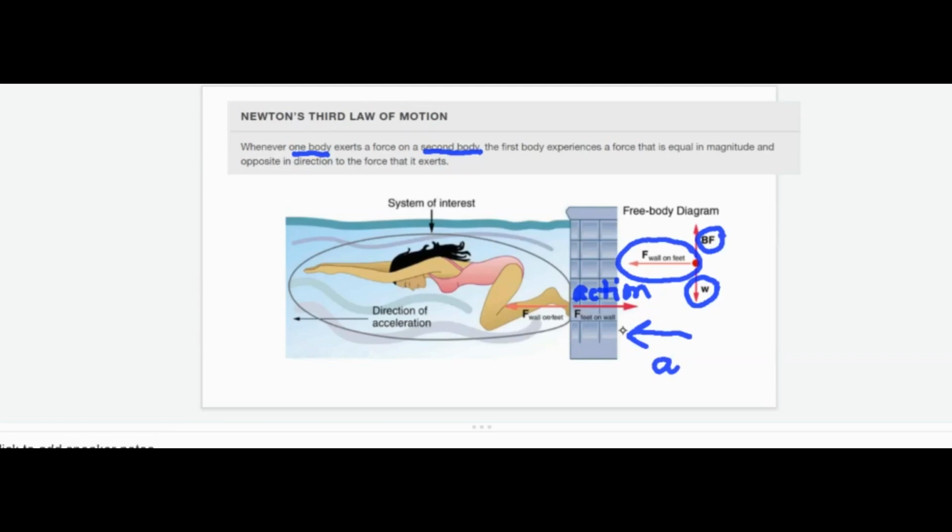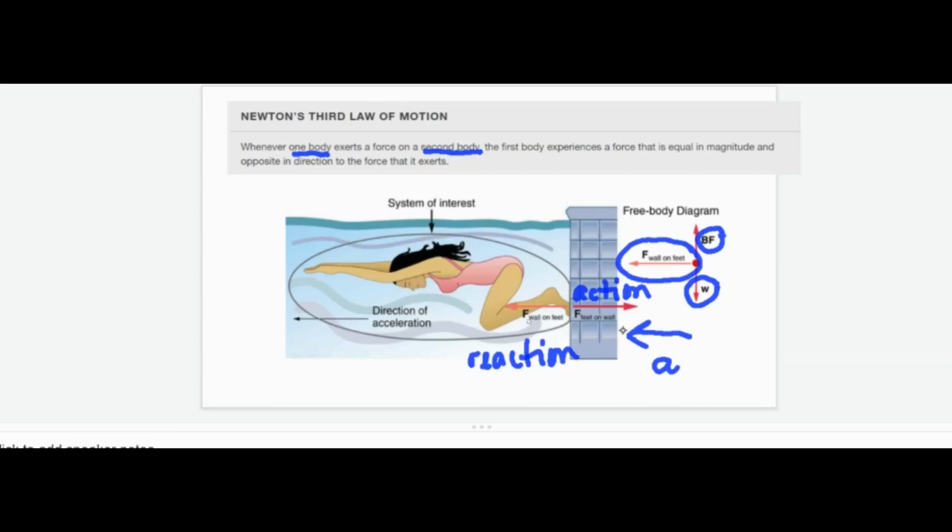Now, where is the reaction force? The reaction force is the force exerted by the feet on the wall. So these are action and reaction pairs. You're probably wondering why these two forces are not canceling each other, and if they cancel, why would the swimmer go forward? They are definitely not canceling, because we have two different objects acting on two different things.